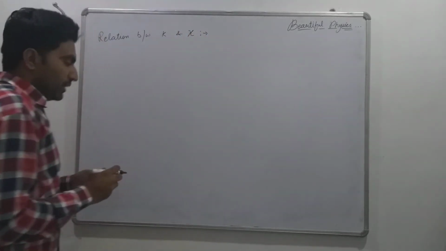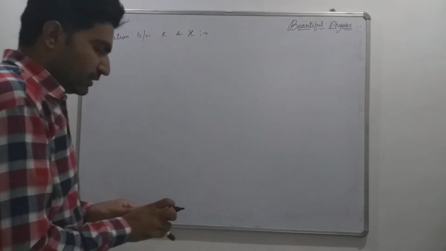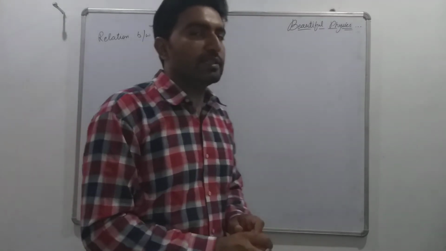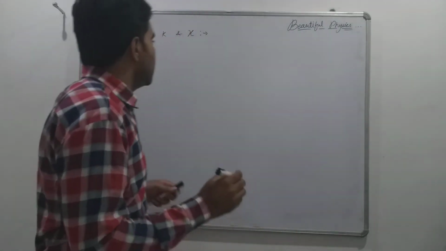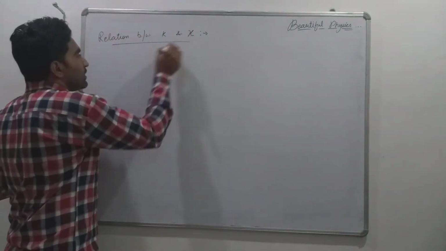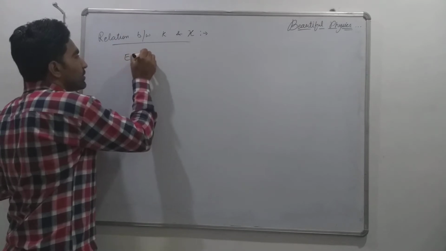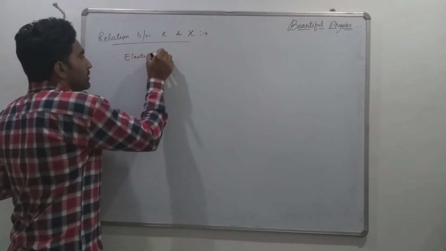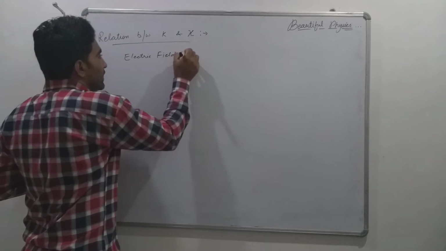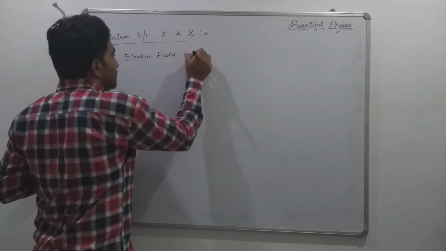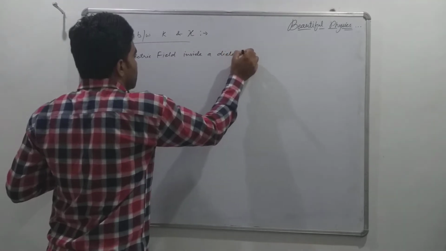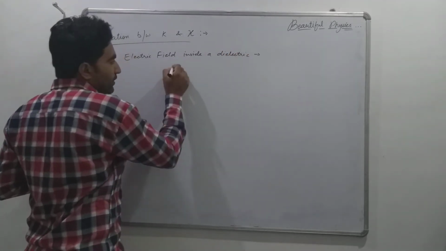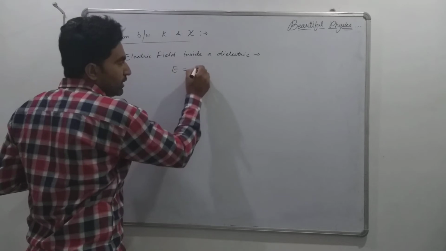We have already discussed that if a dielectric is placed in the external electric field, then the electric field inside the dielectric is E, and E will be equal to E naught minus EP.